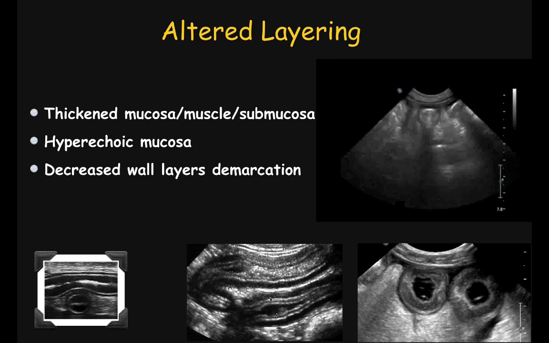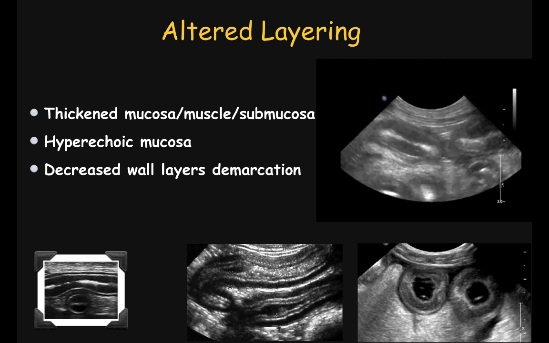As we remember, the mucosa and muscularis layers should be nearly anechoic, but at times we will see changes affecting the mucosa to the point that it is diffusely hyperechoic. Or we may just have decreased wall layer demarcation. All of that qualifies for the altered layering label.